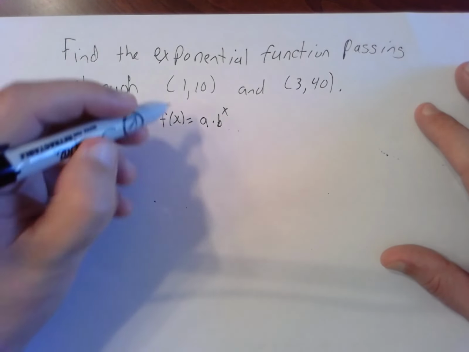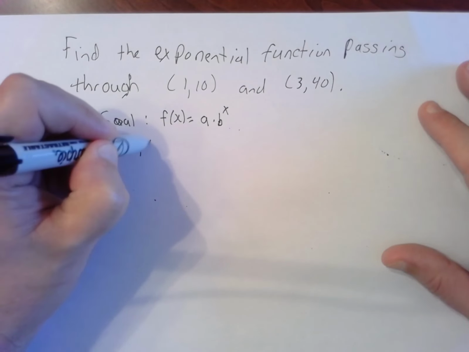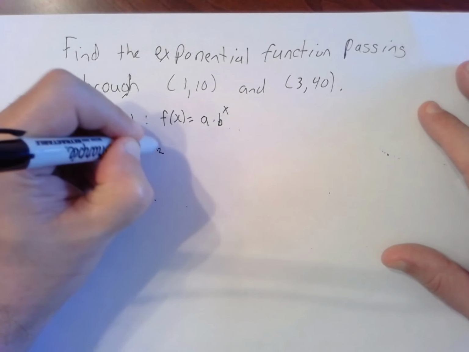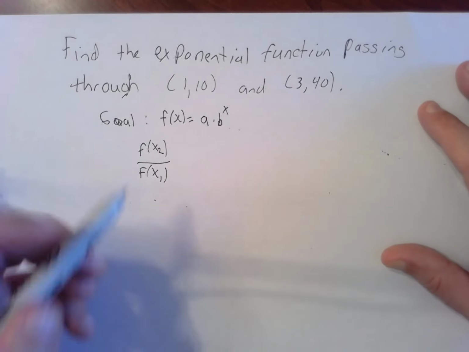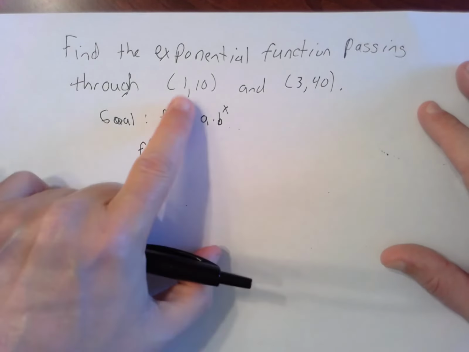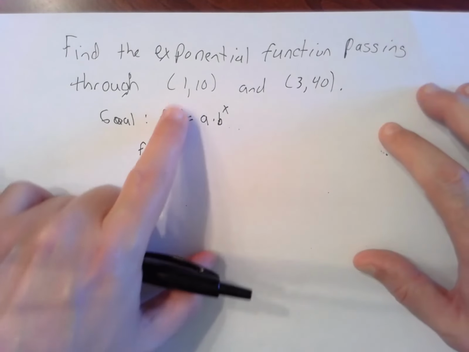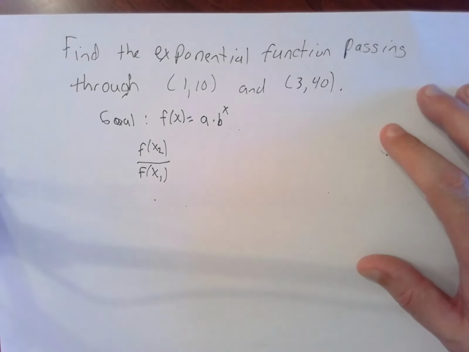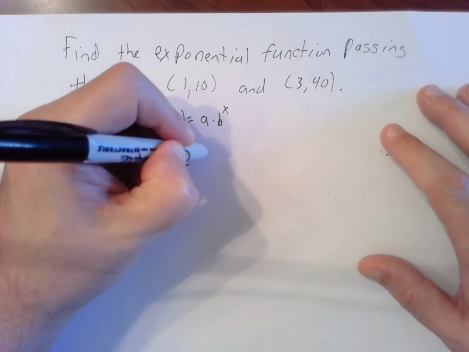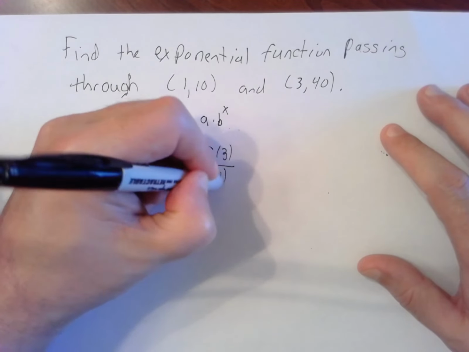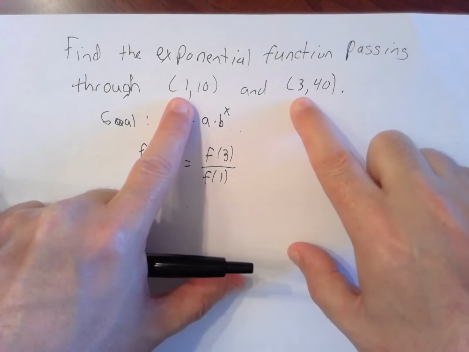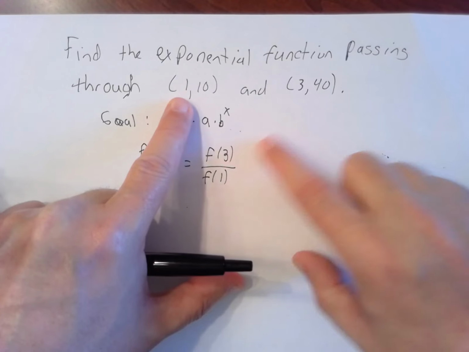Well, I'm going to play this game. I'm going to write f of x2 over f of x1, the two different x values, 1 and 3. I'm going to write this ratio two different ways. So f of 3 over f of 1, using the x values here. Well, what is f of 3?